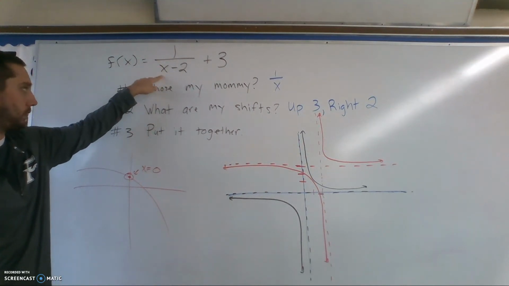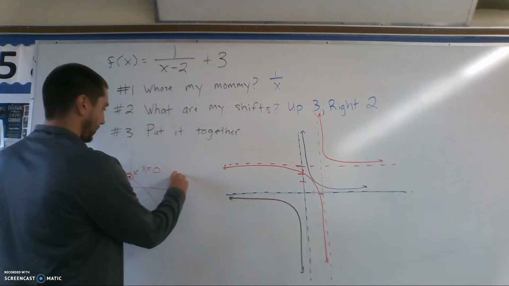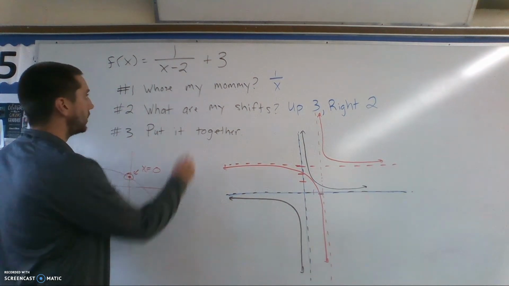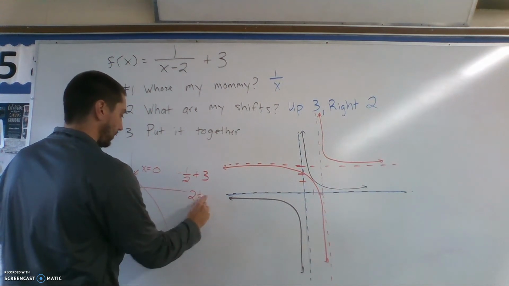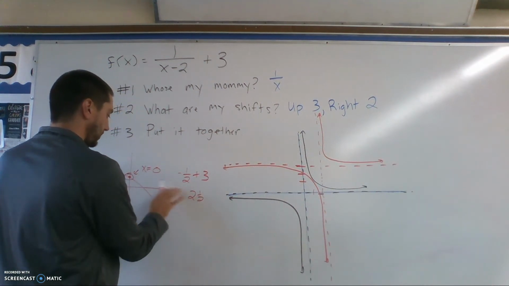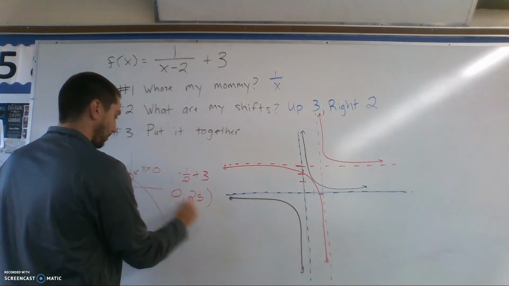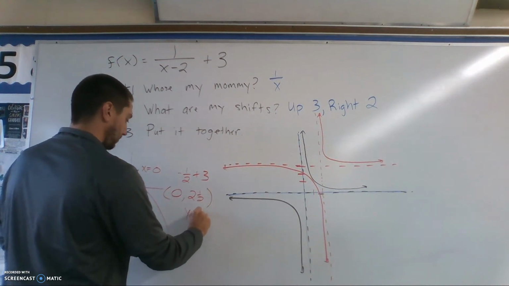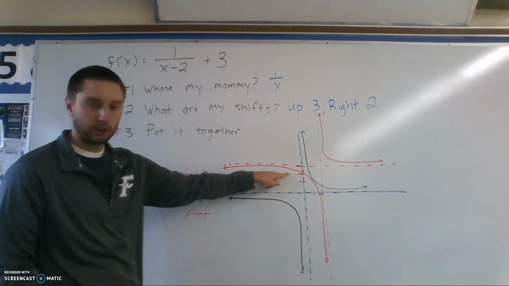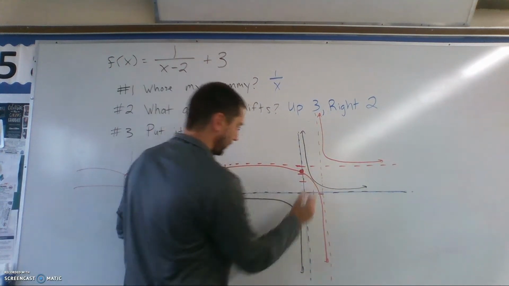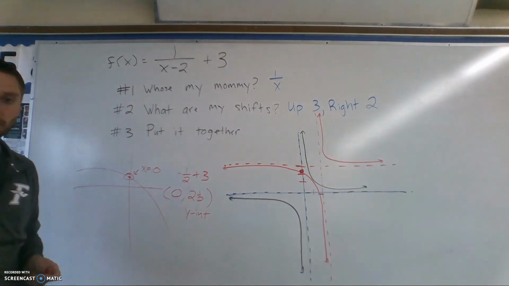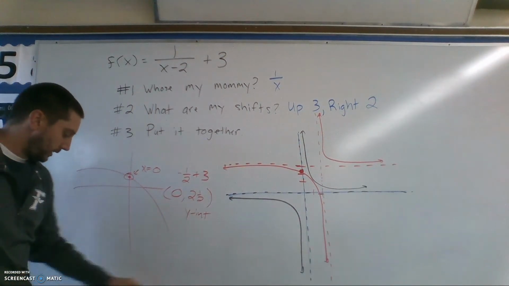So I plug in 0 for x, I get 1 over 0 minus 2, so that'd be negative 1/2, plus 3, so I get 2 and a half. So my y-intercept is the coordinate (0, 2.5). And if you look at your graph, mine wasn't perfect, but it was pretty close. So there it is, 2.5, that was my y-intercept.